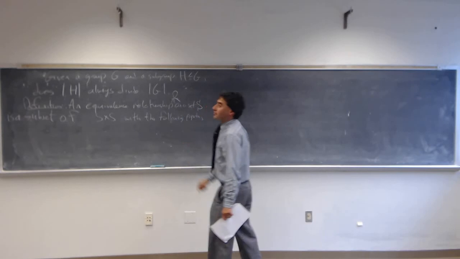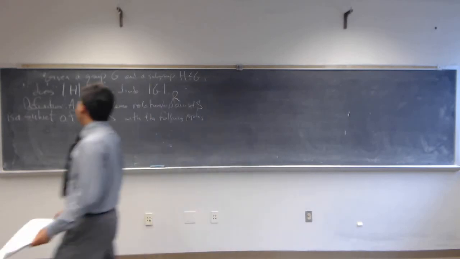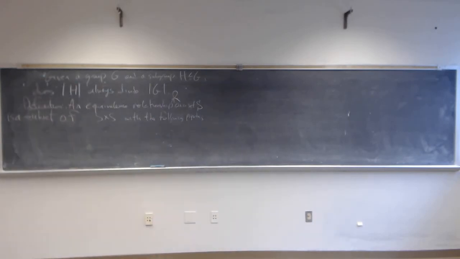Now let's give this equivalence relation a name. Let's call it R, the equivalence relation R. So it's a set of ordered pairs with what properties?